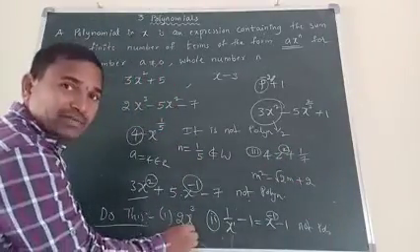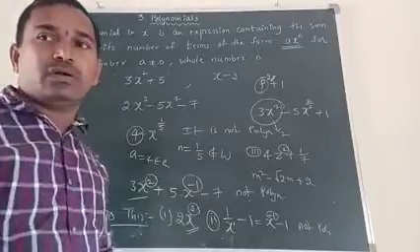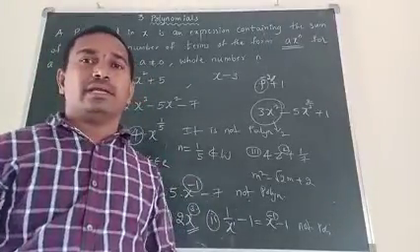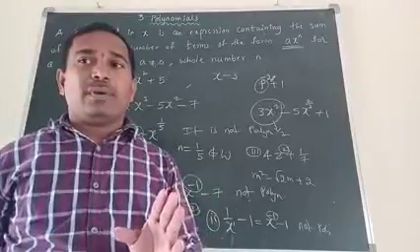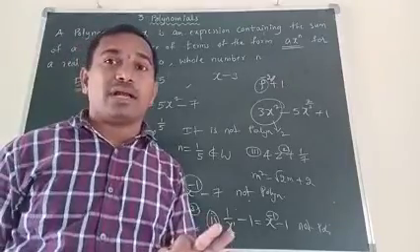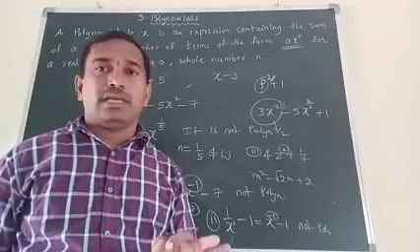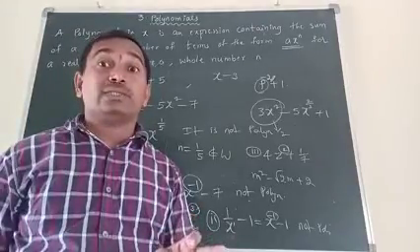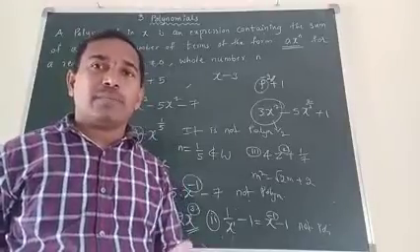Here, what is the degree of this term? Variable x. What is x power? 3. So, to recall, the degree of a polynomial p of x in variable x is the highest power of x in that polynomial.